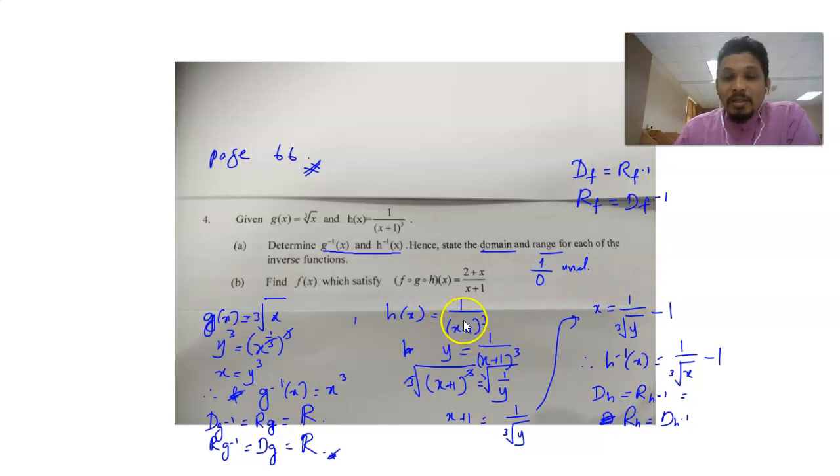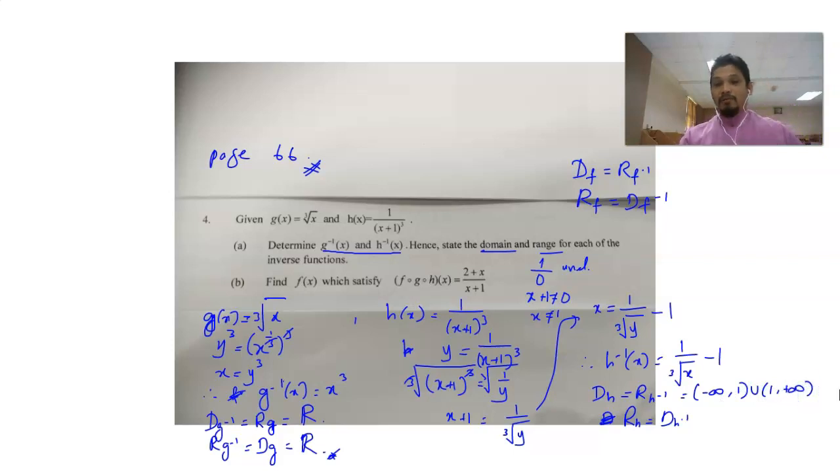The denominator cannot be equal to 0, because 1 over 0 is undefined. So in this case, x plus 1 cannot be equal to 0, or x cannot be equal to negative 1. So now the domain of h, which is also the range of h inverse, is all real numbers except for x equals negative 1.